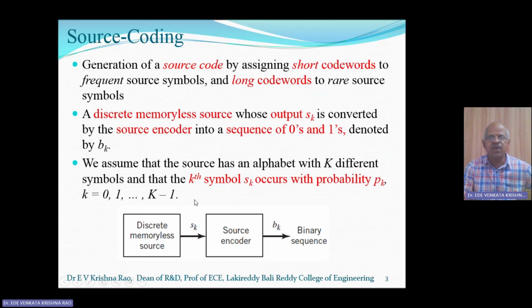The sum of all the probabilities will be 1. Then, using Shannon Fano coding, how best each source symbol is coded according to the probability with which it occurs.